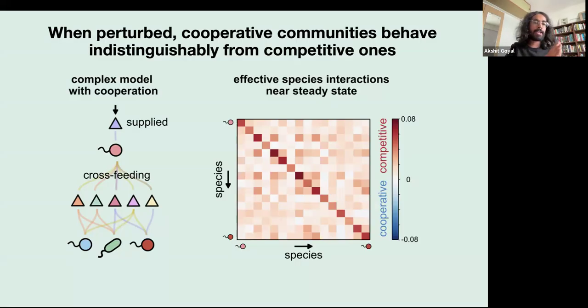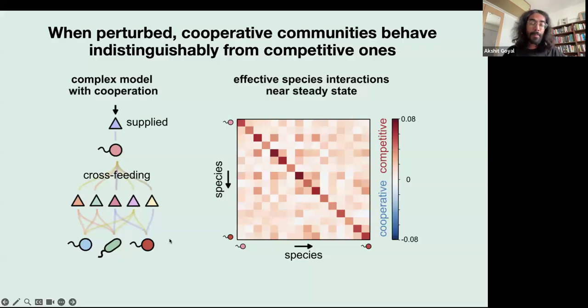So what we see first is pretty straightforward. You can run a model with microbial cross-feeding. This is a relatively complex model where there's one resource that's supplied, there's one species that can eat it, and then it produces a whole zoo of different metabolites via cross-feeding, which then other species in the ecosystem can eat. And what you can do is assemble many, many of these communities at steady state.